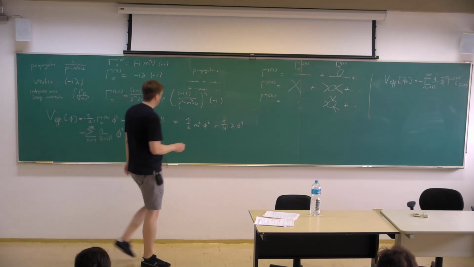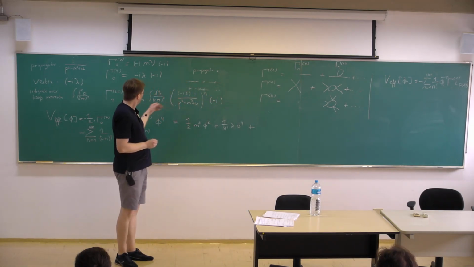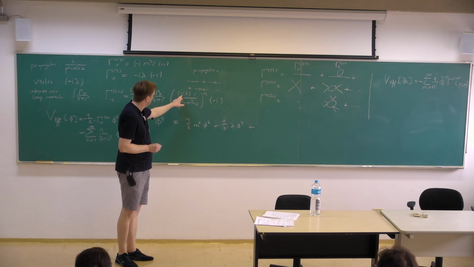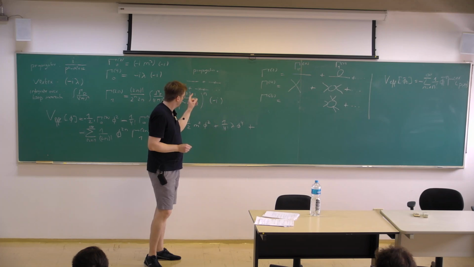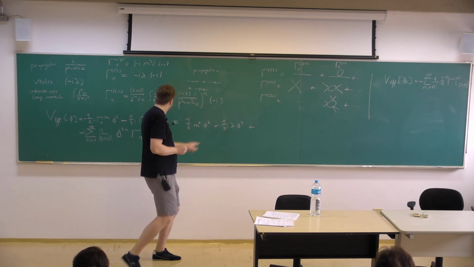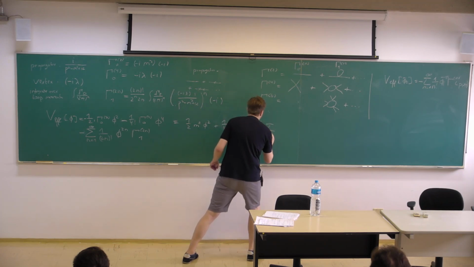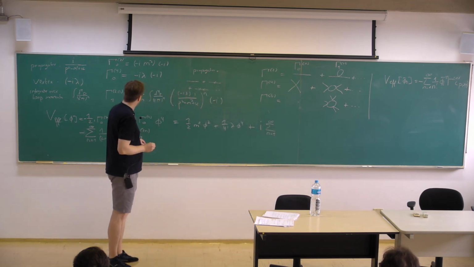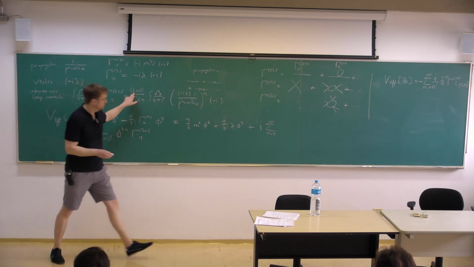So the one loop correction gives me also, and now I have to be a bit careful. The minus i and the i here compensate. Then I have a minus i here and a minus sign here, so the overall effect is i. Then the sum goes on to infinity. There's a 1 over 2n factorial, which just cancels this one here.